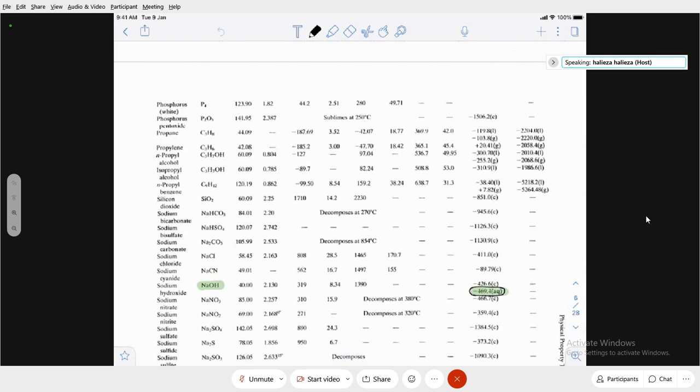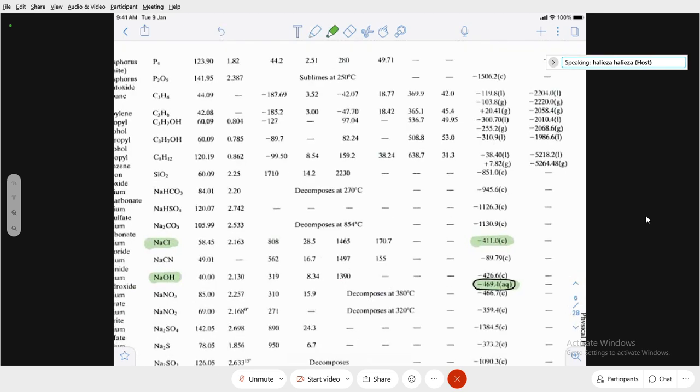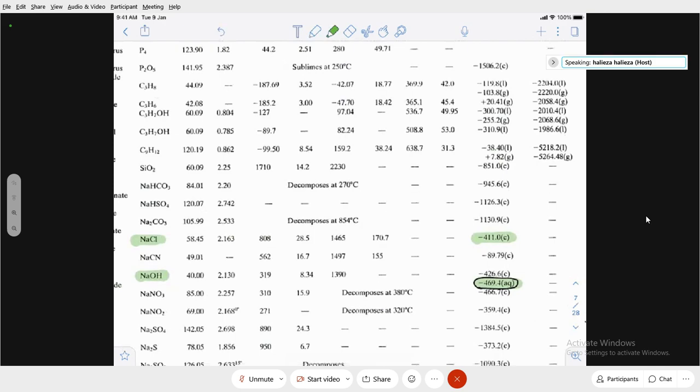Let me highlight it. The value given is not aqueous, but solid. That is the heat of formation of sodium chloride in solid form, negative 411.0. It is not for your aqueous. Aqueous is not listed here.